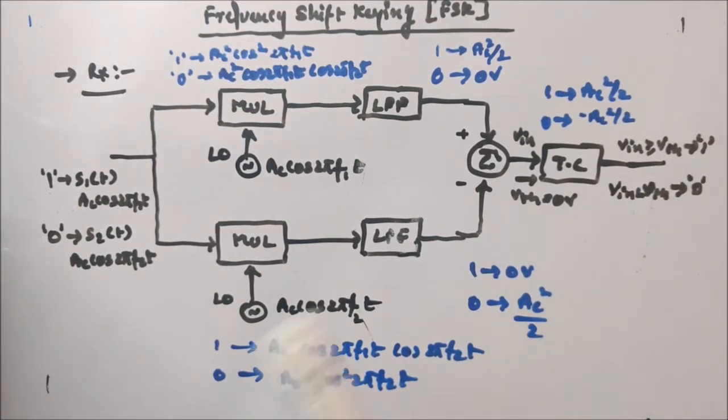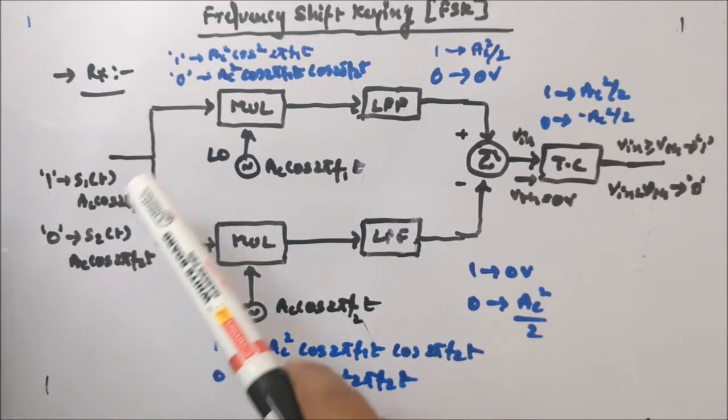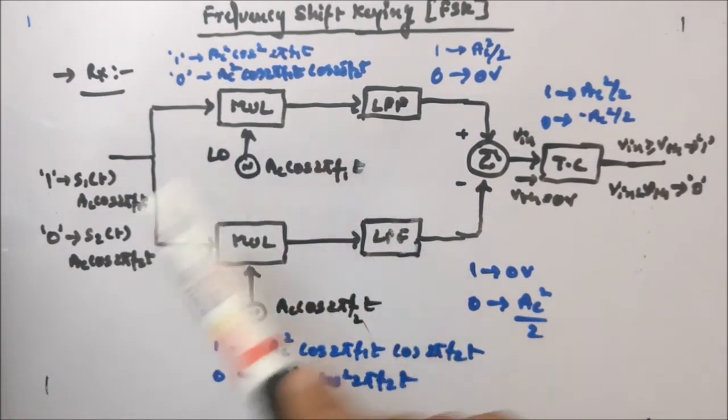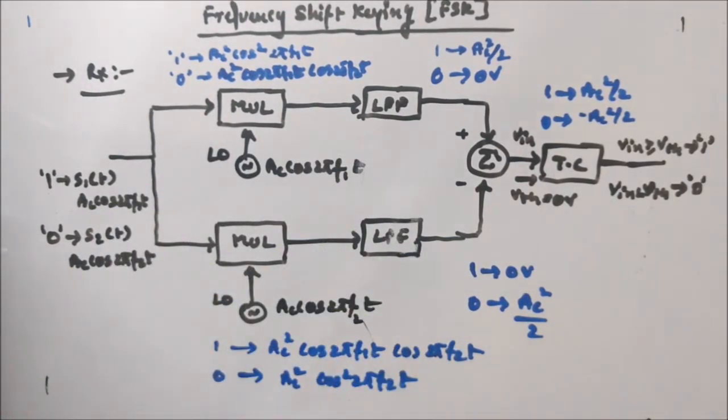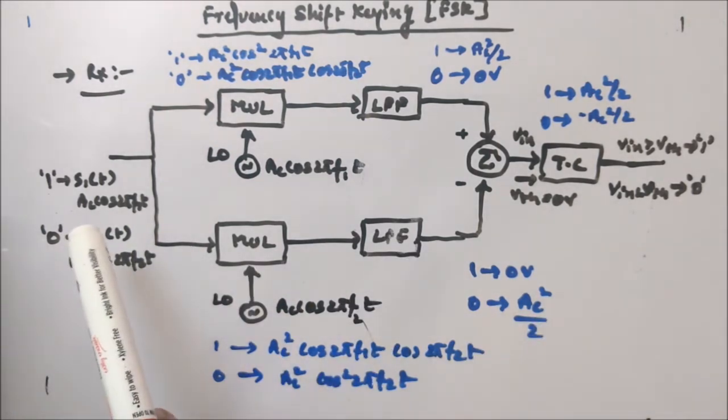So it is similar to what you had before in ASK and PSK, just that you are doing it two times, one for bit 1 and one for bit 0. That is how you recover the original digital message signal from the FSK signal.